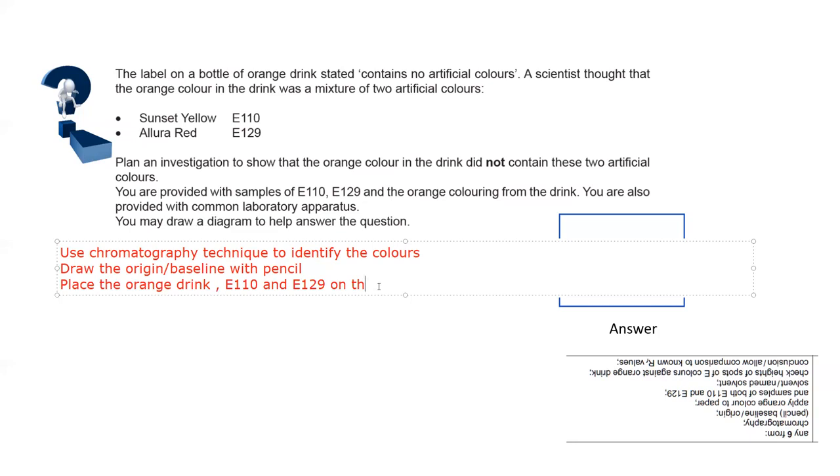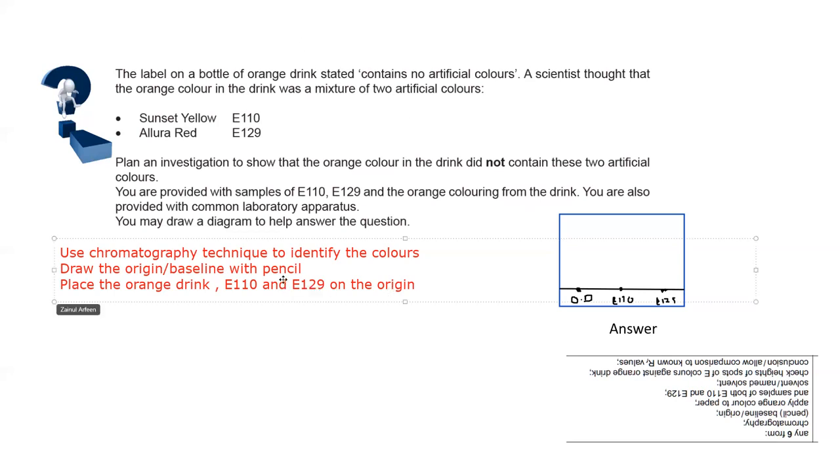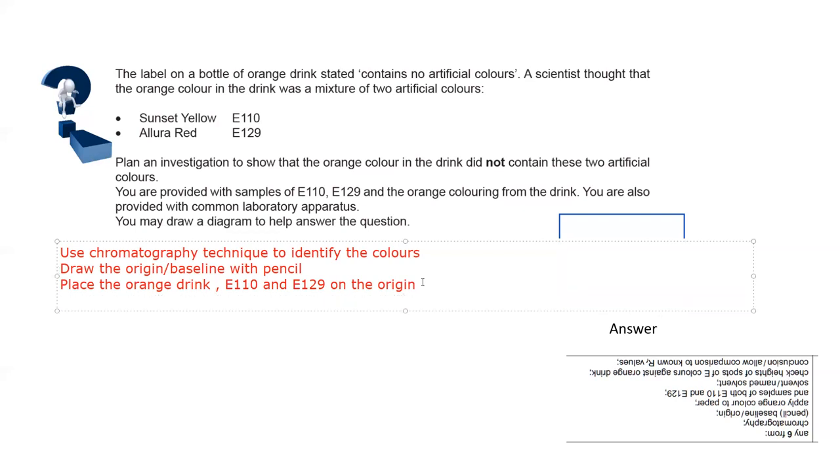So, as an example, this is the orange drink. I'm writing O and D, meaning orange drink. Then we took E110 and then we took E129, and we placed all of them on the origin.